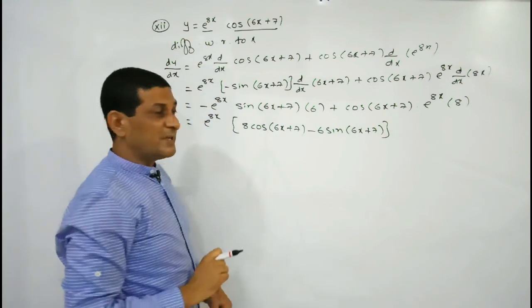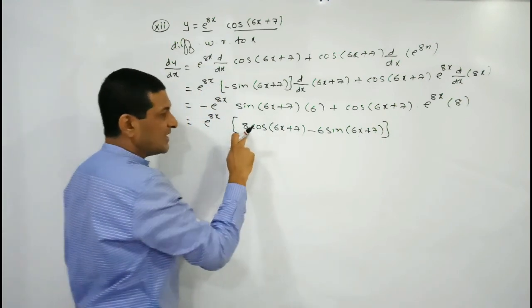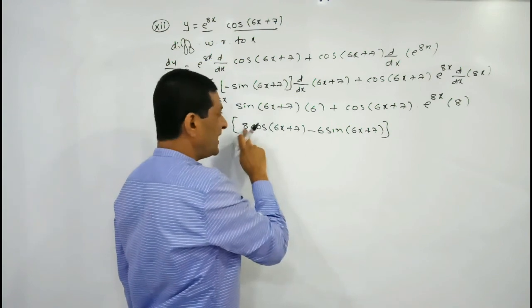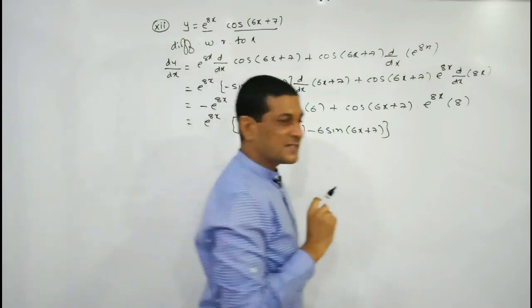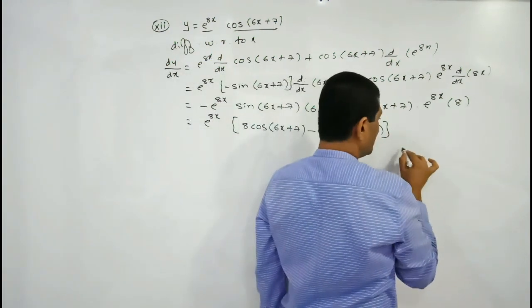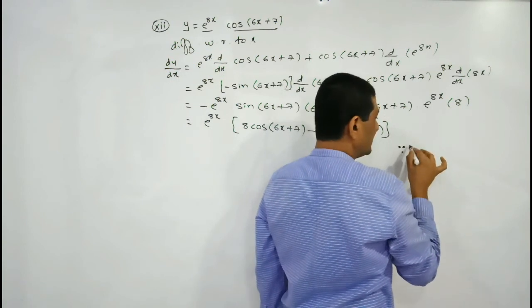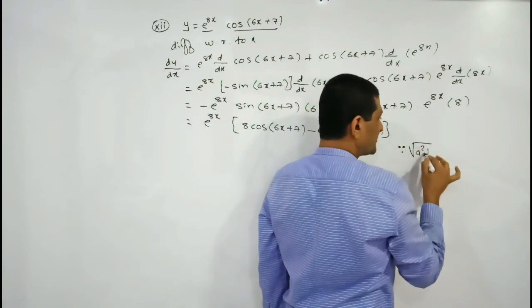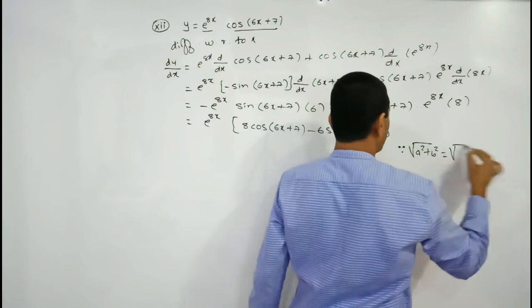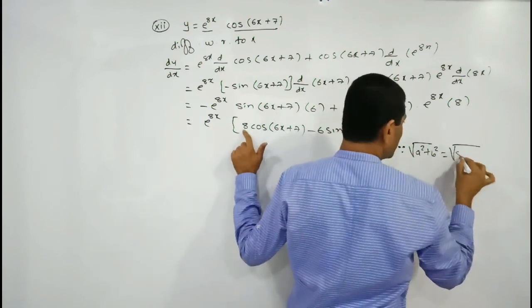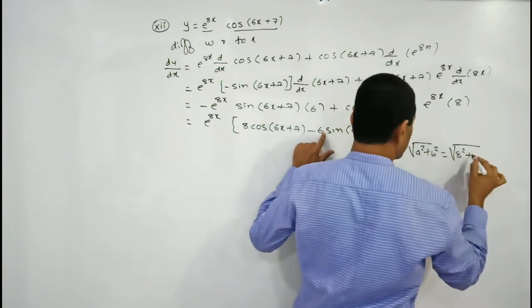Again I am trying to simplify it. Here a is equal to 8 and b is equal to 6. So here we are trying to find the value of under root a square plus b square. a means 8 square and b means 6 square.